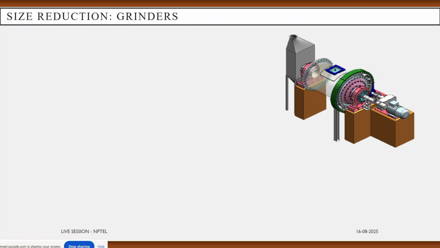Okay, so next thing we are going to discuss is the tumbling mill, which is very important for this course, because under this tumbling mill we are going to discuss the ball mill.